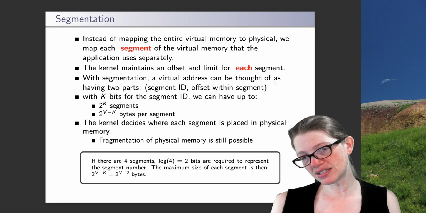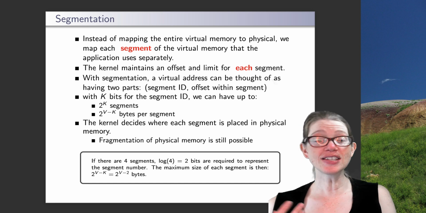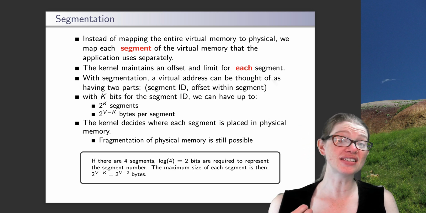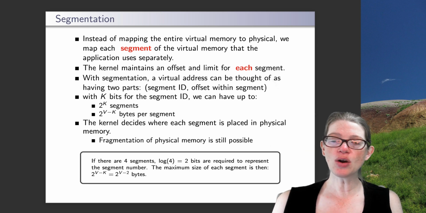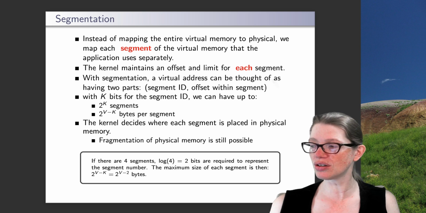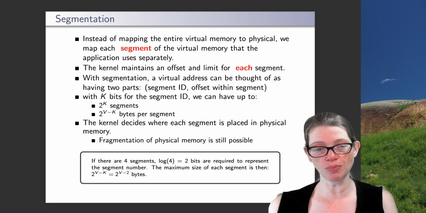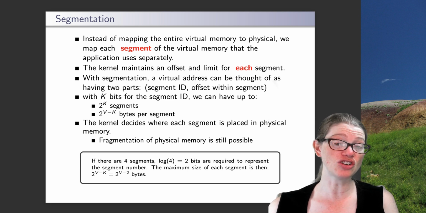And we'll map the stack segment to a contiguous block in physical memory. And so for each segment, we need to keep a segment relocation and a segment limit. Now, in order to do the translation, I need to know which relocation and which limit to use, which means I need some kind of segment identification.